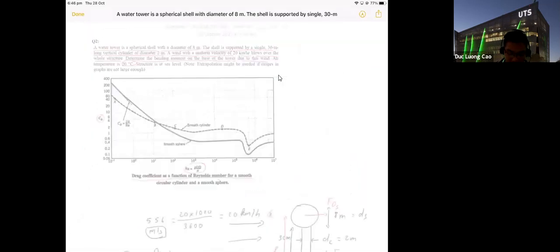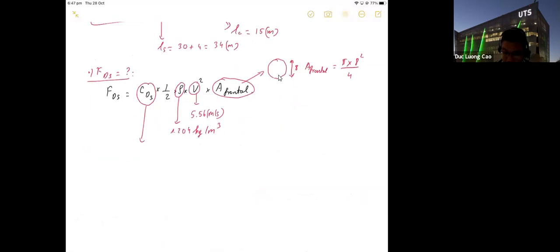So Reynolds number. Firstly, you have to find Reynolds number. Equation: rho V D over mu. Rho V D over mu, Reynolds number of the airflow over the sphere.